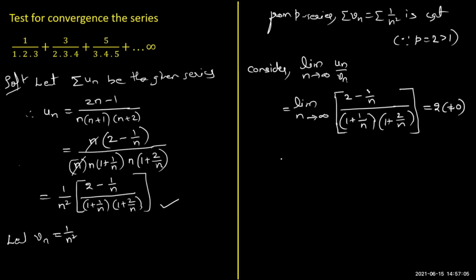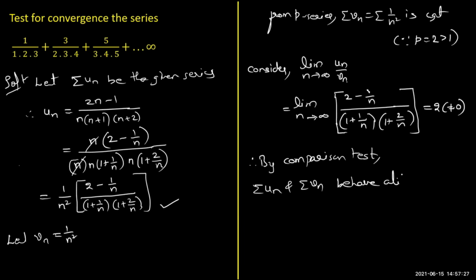Since this limit is finite and non-zero, we can say, therefore, by comparison test, we can say both summation un and summation vn behave alike, right?